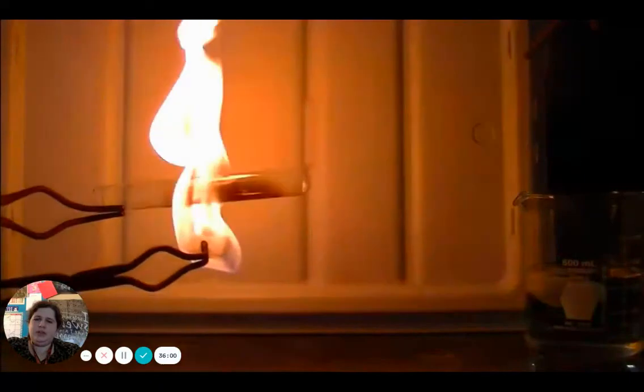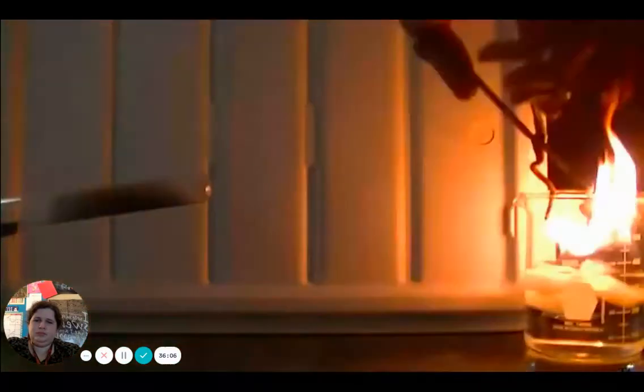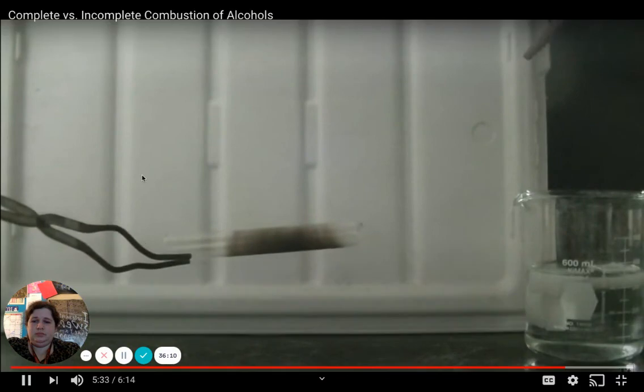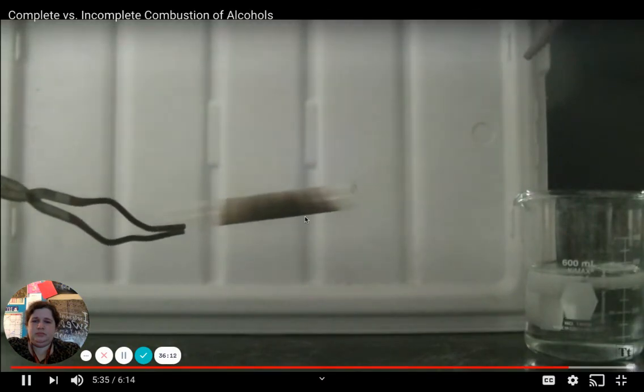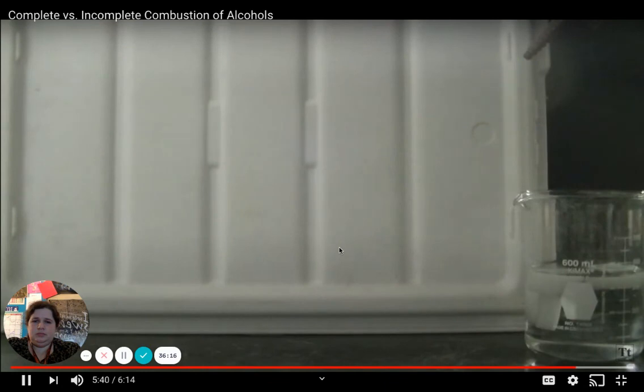And you see almost immediately the formation of some sooty residue on the test tube. So that means there was some waste in there.